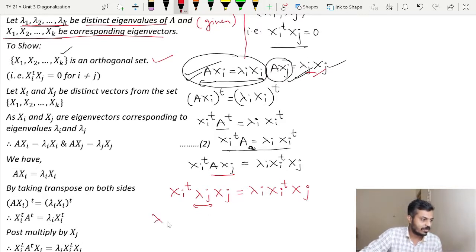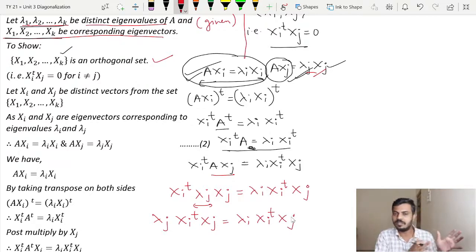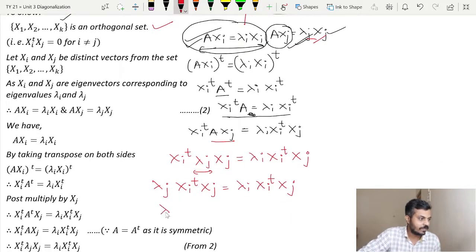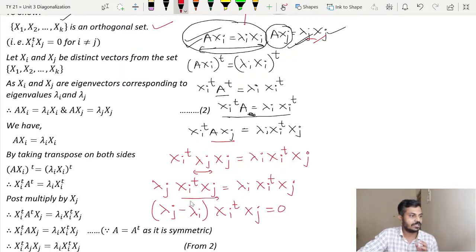So I will bring it to the left-hand side: lambda j xi transpose xj will be equal to lambda i xi transpose xj. Now shifting everything to the left-hand side, I will get (lambda j minus lambda i) inside the bracket, xi transpose xj, equal to 0. I have just taken xi transpose xj to be common.